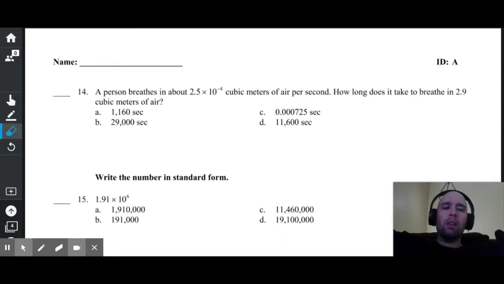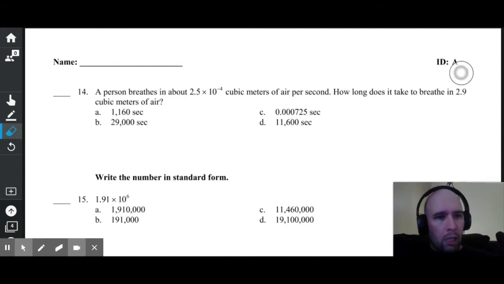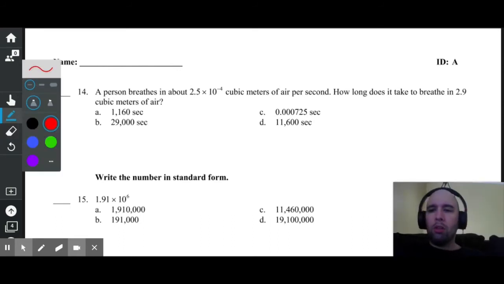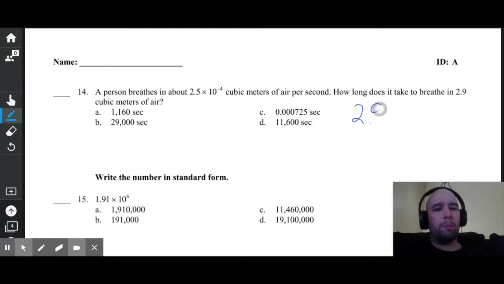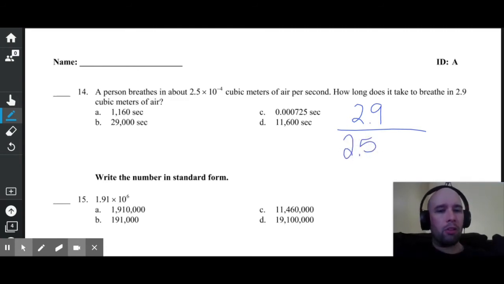So you need to find out how long it's going to take you to breathe in almost 3 of those boxes, okay? So it's going to take a while. The way that I'm going to do that mathematically is I'm going to do 2.9, because that's my almost 3 boxes, and I'm going to divide how much air I actually do breathe in per second.